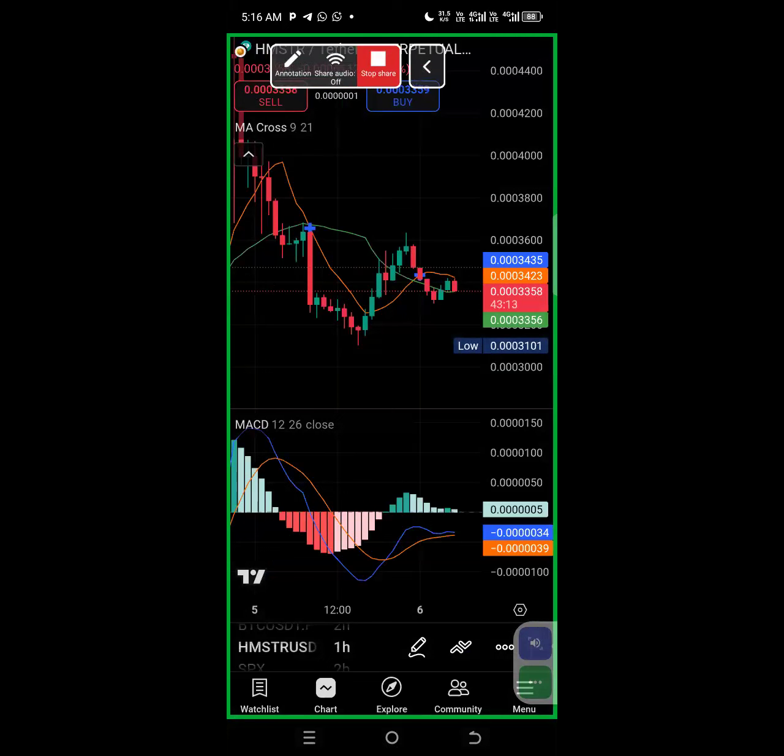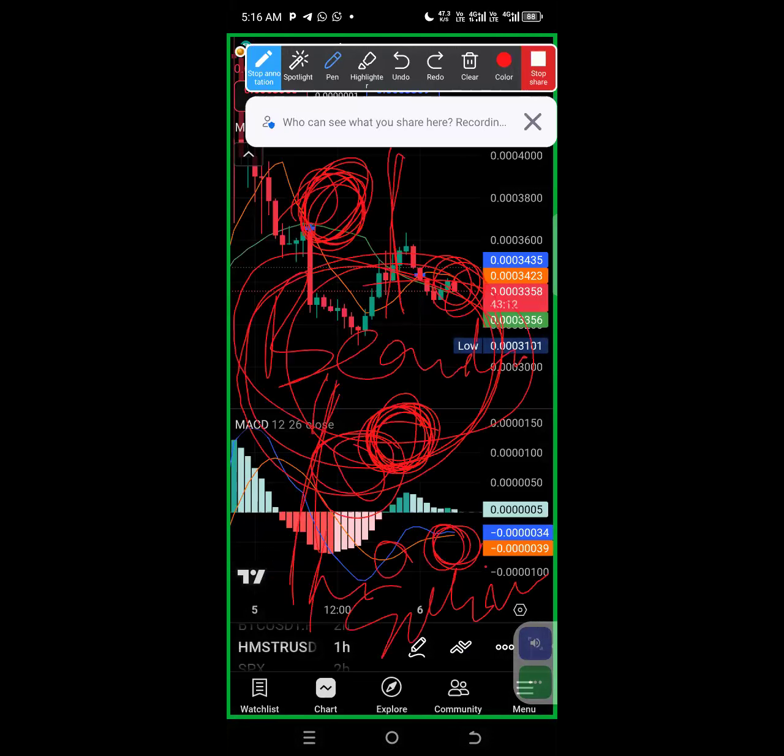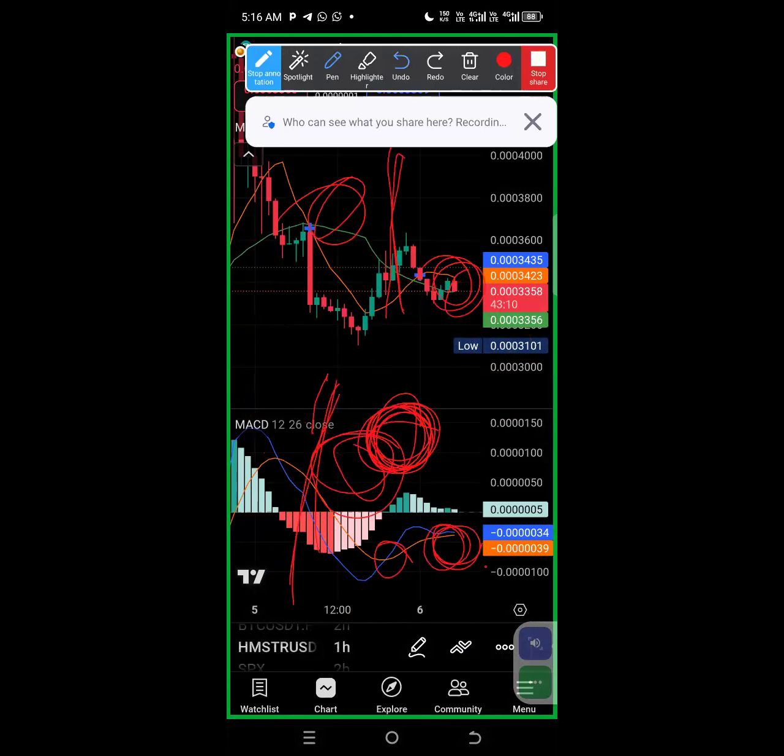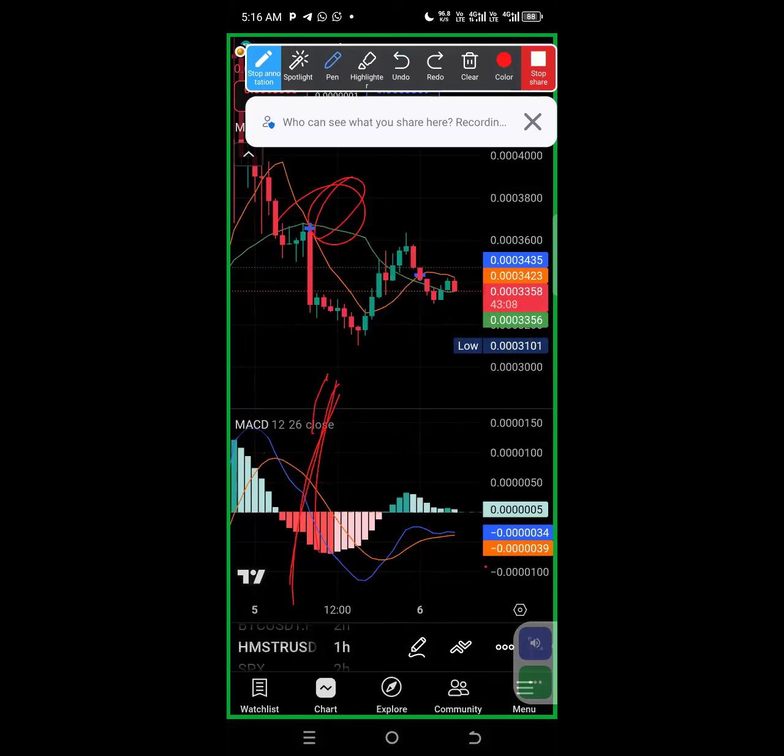So over here, you could clearly see that it is still a downtrend, right? It is still a downtrend, and this is where the crossover happened, and it took an uptrend direction.